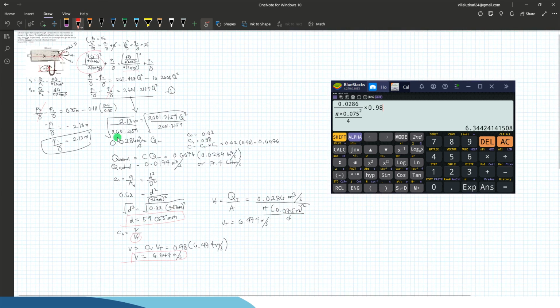So here are your final answers: the actual discharge, actual diameter, and actual velocity. Next problem.